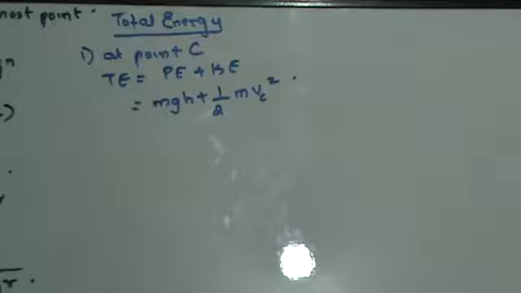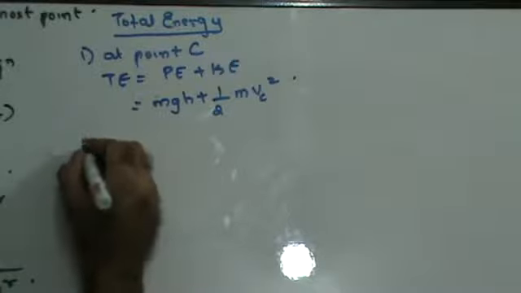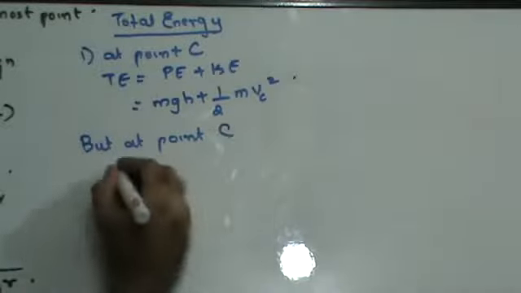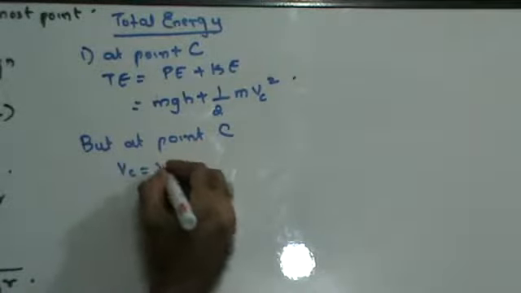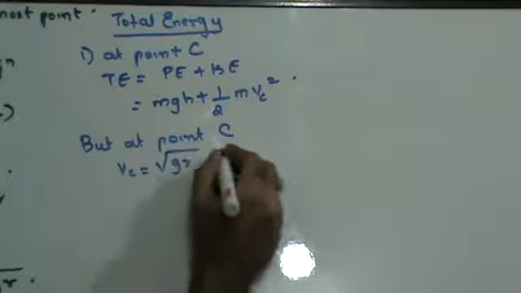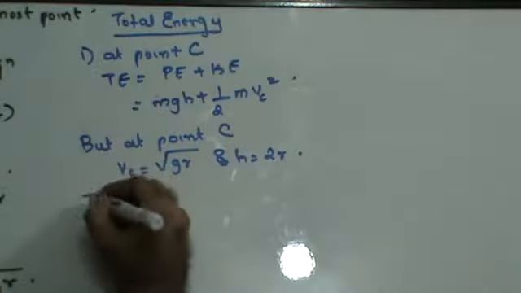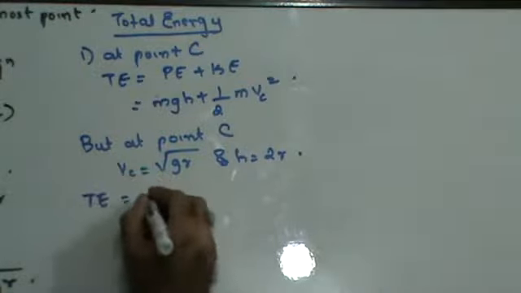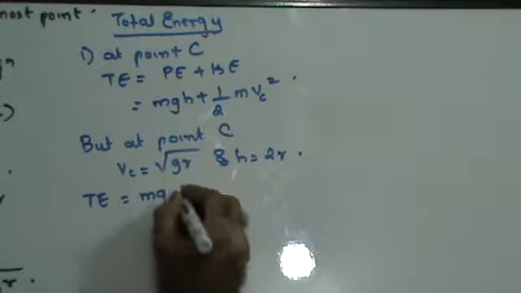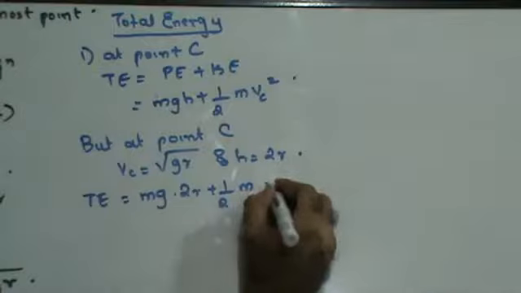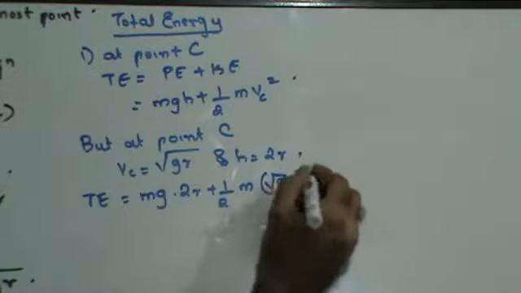So at point C, velocity is nothing but square root of gr and h is equal to 2r. Substitute these values, so you will get total energy is going to be mg, h can be written as 2r, plus half m, square root of gr the whole square.